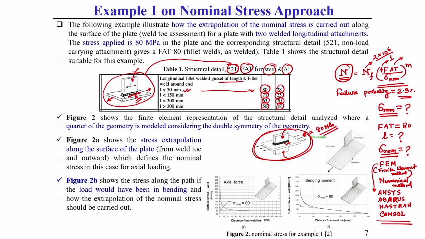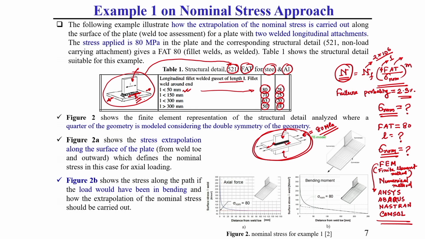For this geometry, you can observe that you can model it completely and find out the stress distribution from the toe to away from the toe zone, how it is varying, or you can find out as it is a symmetric type of geometry.